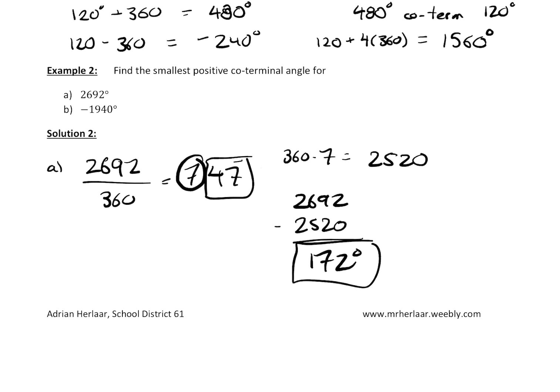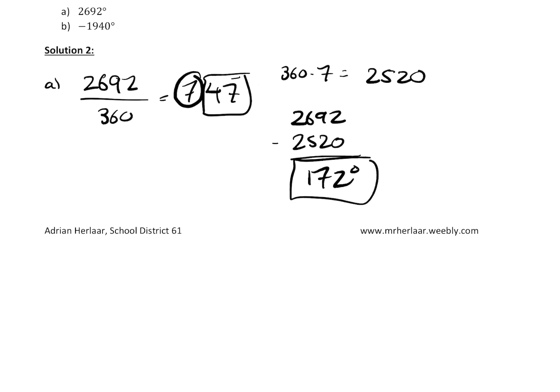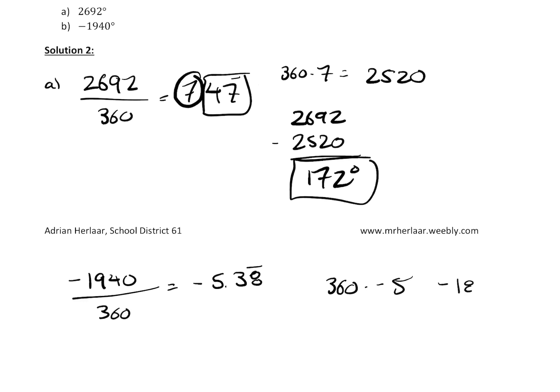I'm going to scroll up here. Now, negatives is slightly different. If we take the negative 1940 and we divide it by 360, we get negative 5.38 repeating. But in this case, if you were to multiply negative 5 by 360, you're going to get negative 1,800.